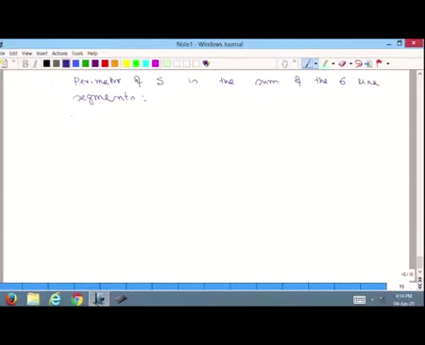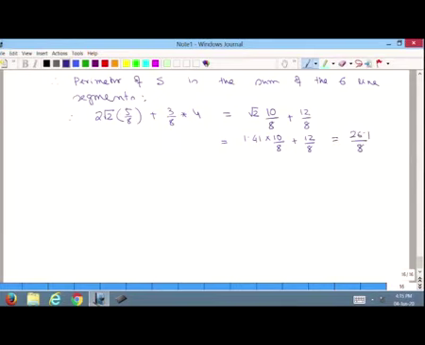Therefore, this is equal to 2 root 2 into 5/8 plus 3/8 into 4, which is root 2 into 10/8 plus 12/8, which is 1.41 into 10 divided by 8 plus 12 by 8, which is 26.1/8, approximately 3.26.